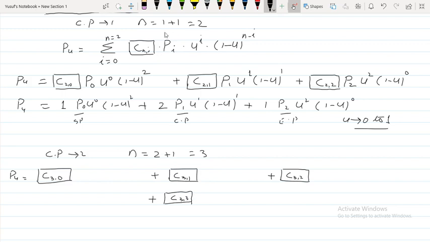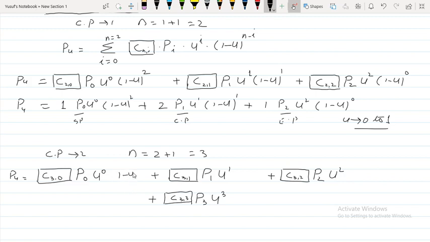Then second term is P. So P of 0, then P of 1, then P of 2, then P of 3. Third term is U. U raised to 0, U raised to 1, U raised to 2 and then U raised to 3. Okay.